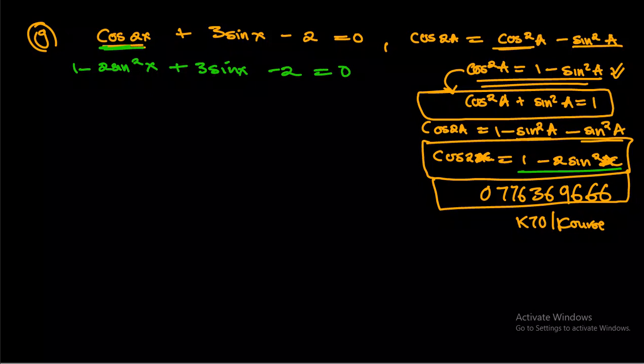What else do we want to understand? These are like terms, so we can say 1 minus 2 gives negative 1. So we have negative 2 sine squared x plus 3 sine x, and 1 minus 2 is negative 1, equal to 0.